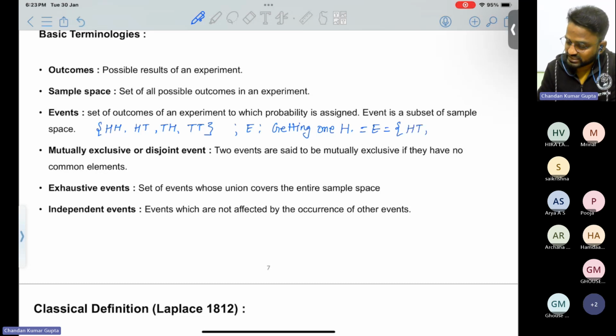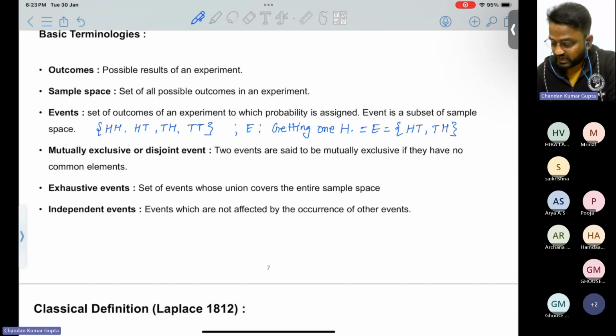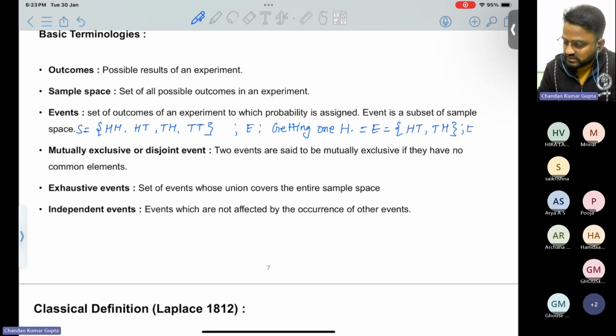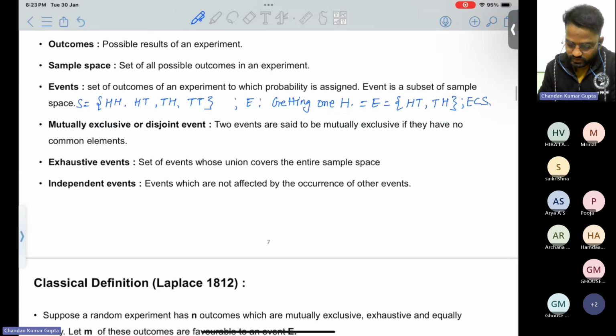It's HT or TH. So the number of heads is one. We see that E is nothing but a subset of the sample space S. Here E is a subset of S.